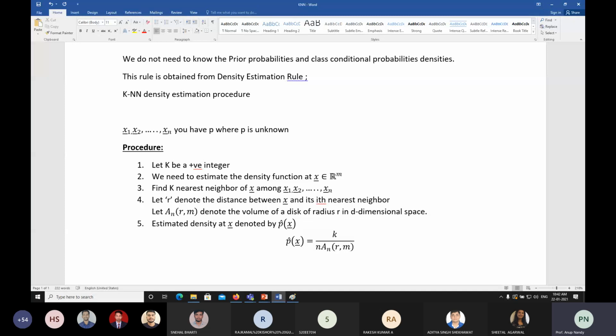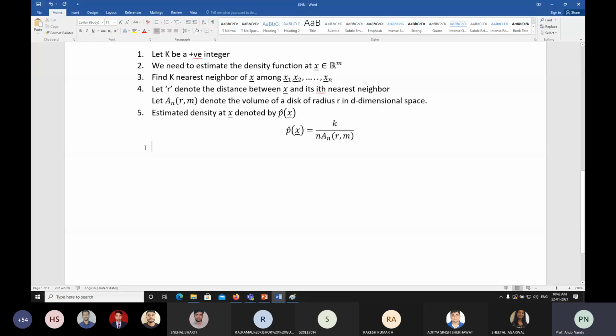You can write a subscript n, or you cannot write. But it means that out of the n points, you are going to consider the k points. So these k points will construct this volume in this m dimensional space, with radius r. That is the meaning.